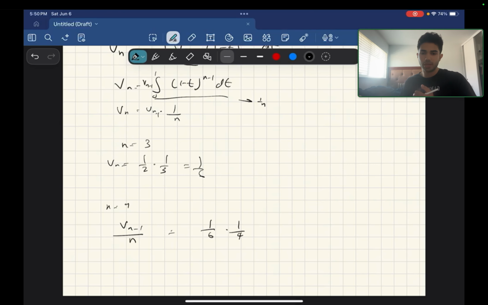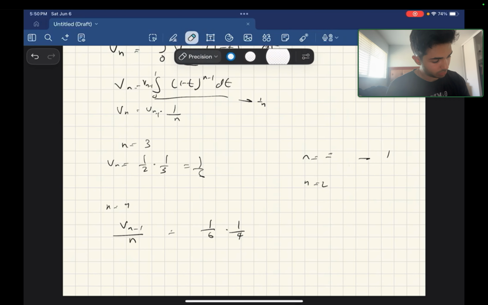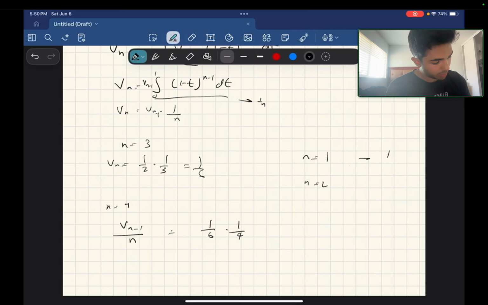So if you notice, we are getting a factorial type thing, right? N equals 1, we had 1 over 1. N equals 2, we had 1 over 2. N equals 3, we had 1/2 times 1/3, which is equal to 1/6.